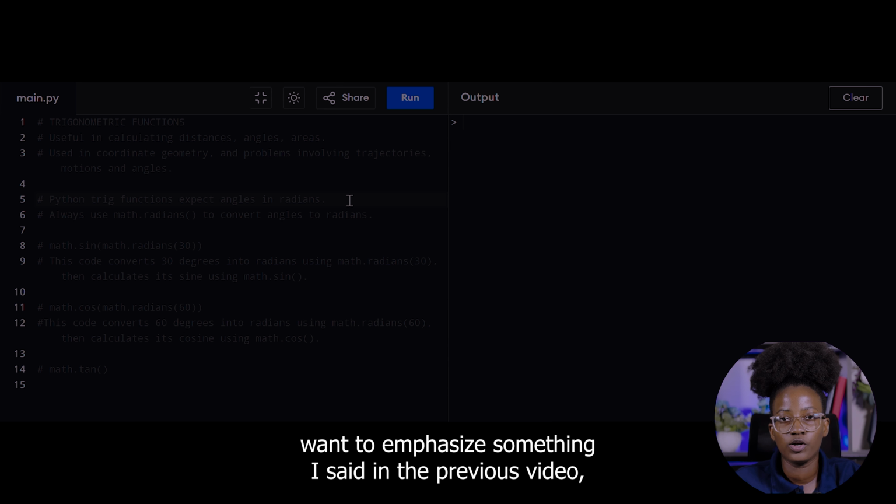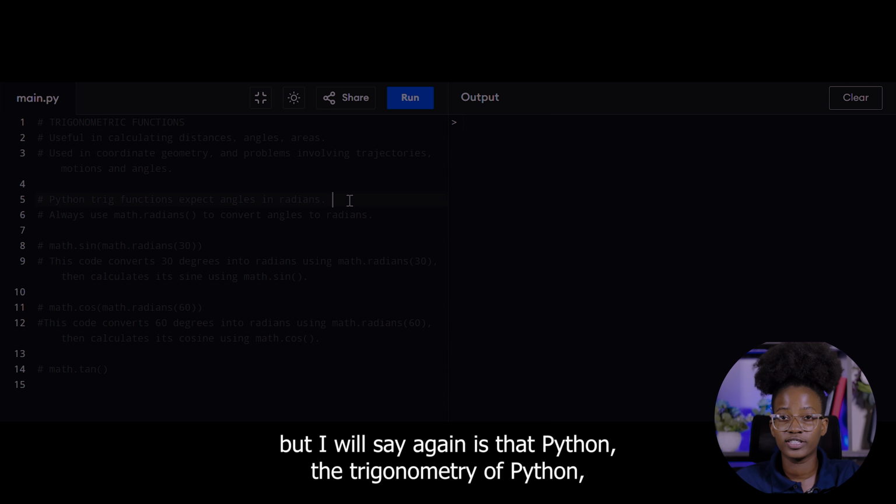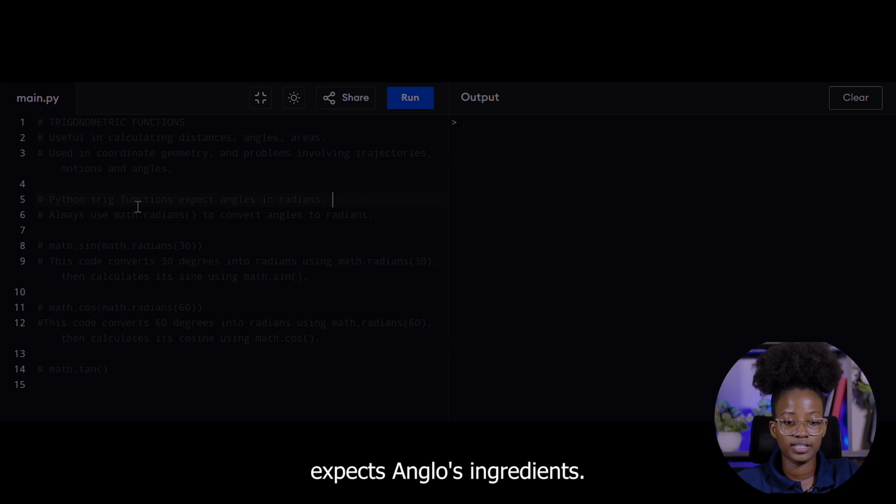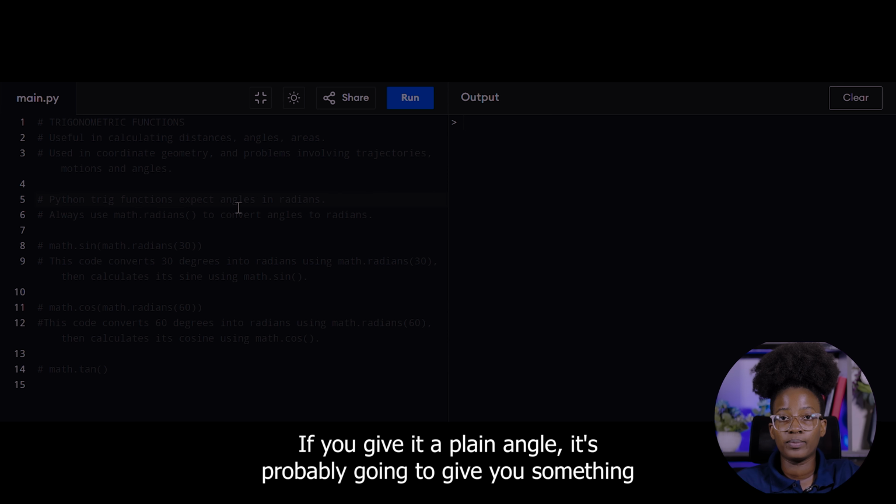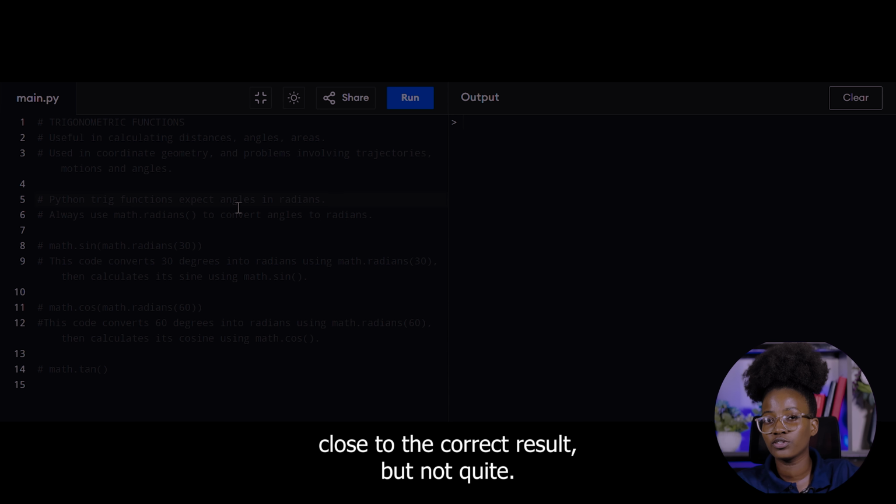The first thing I want to emphasize, something I said in a previous video, but I'll say again, is that Python's trigonometry expects angles in radians. If you give it a plain angle, it's probably going to give you something close to the correct result, but not quite.